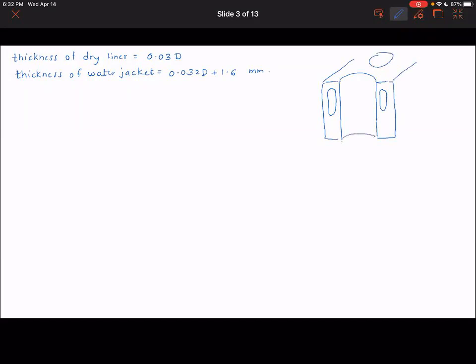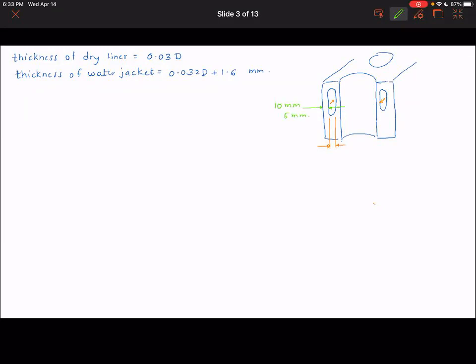The water is going to flow from here and come out from here. So the thickness of the water jacket is this thickness. But it is also important that you maintain a certain distance from the outer wall. That distance is usually taken as about 10 millimeters to 5 millimeters, depending upon the spacing.